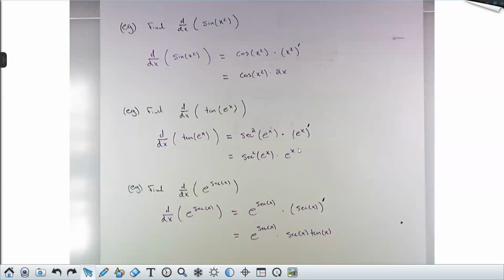Well, let's see. That's not a bad question. I'll have to think about that for a second. These are kind of like algebra rules we're asking about, right? Can I simplify this? Well, remember, trig functions, you can think of them as boxes you really can't pull things into or out of. So this is secant of e to the x times secant of e to the x.